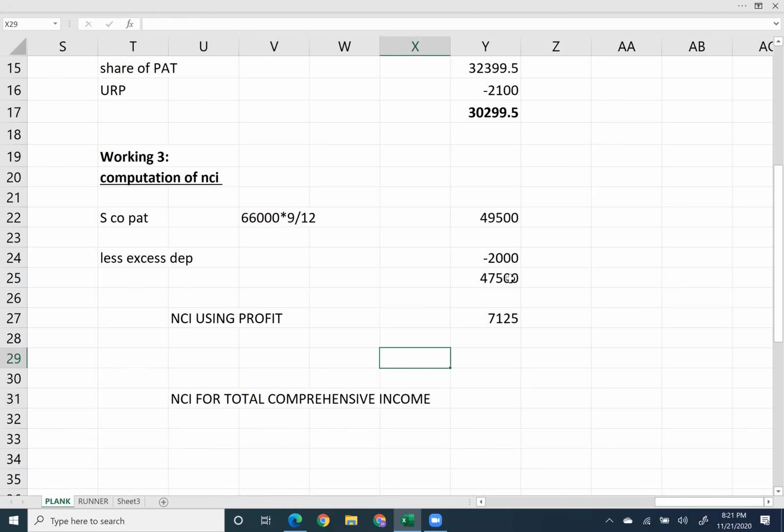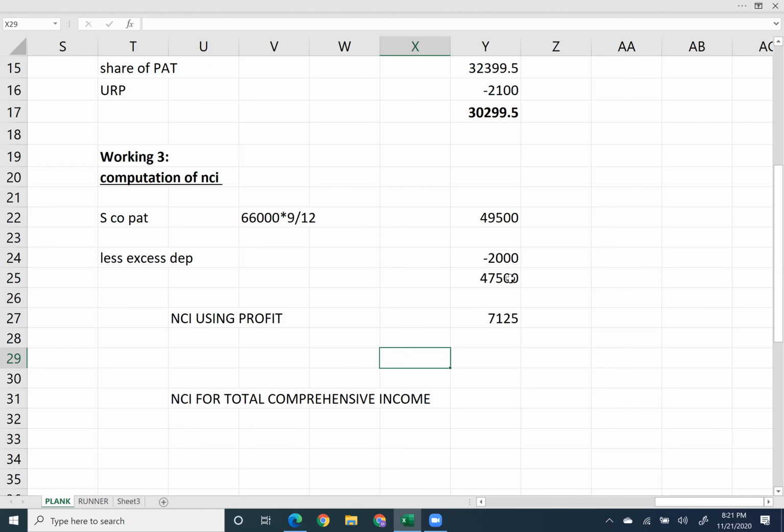Now NCI for total comprehensive income. How do we calculate total comprehensive income? By adding OCI to profit after tax.